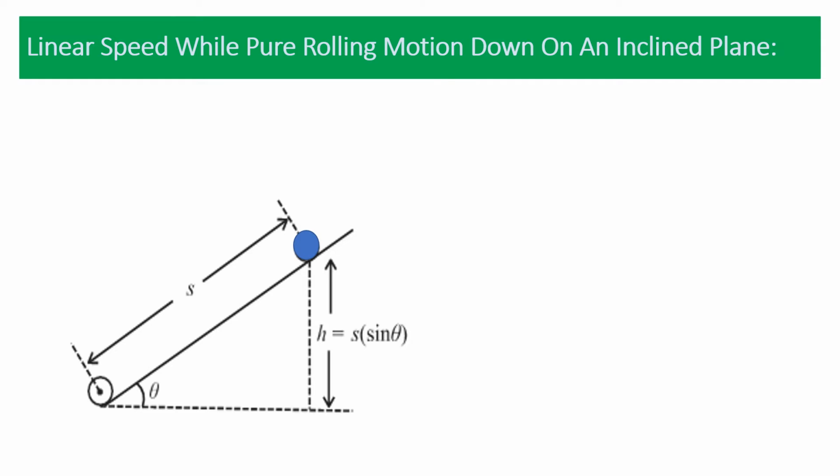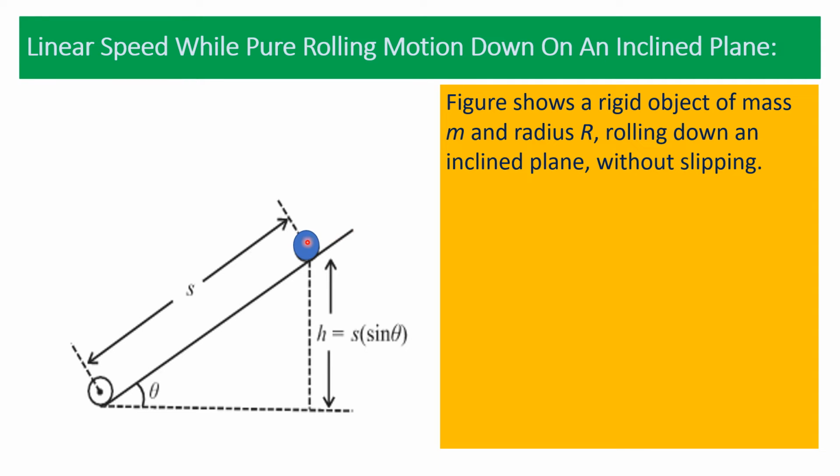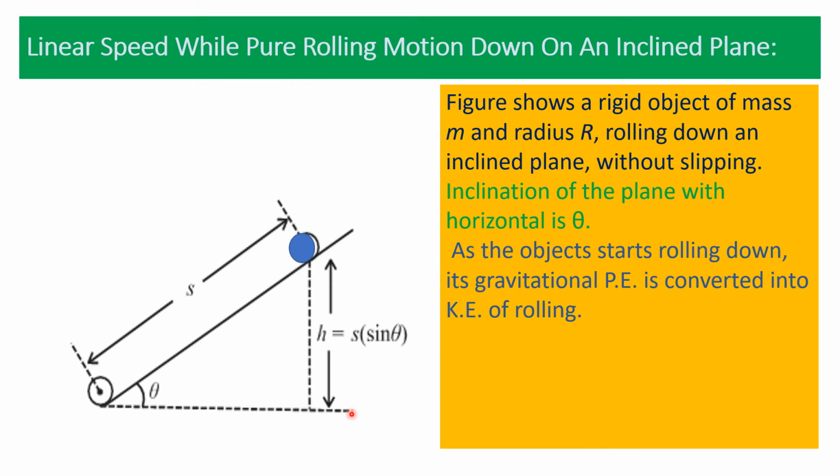Consider the figure in which a rigid object of mass m and radius r is rolling down an inclined plane without slipping. Here, theta is the angle between the inclined surface and the horizontal surface.